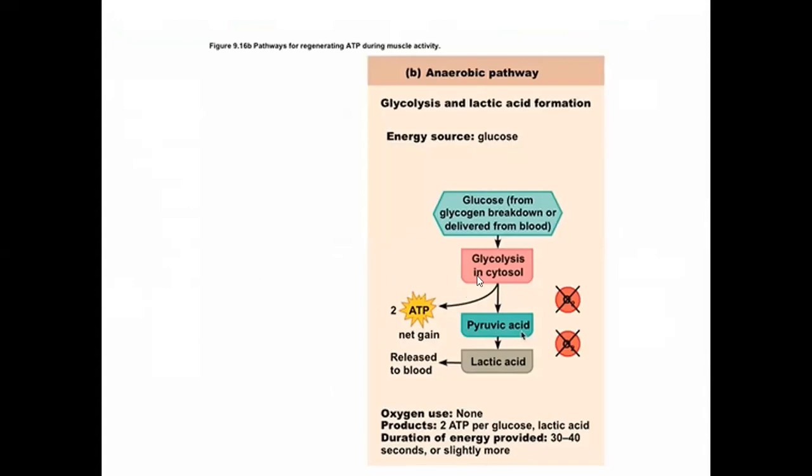It is faster than going into the Krebs cycle, and it does not require oxygen. So you don't have enough time for the oxygen to go into the muscle and to go through the Krebs cycle to produce the ATPs. For that reason, you generate an immediate source of energy and you have enough to do what you want within a very short period of time.